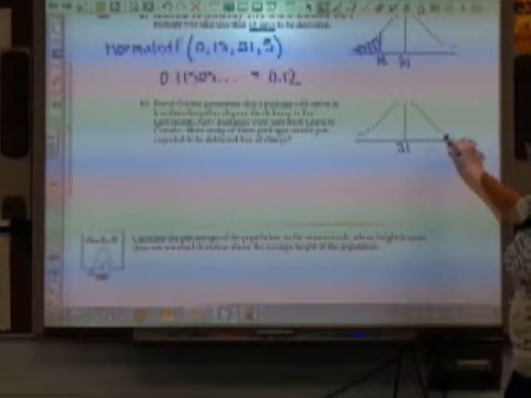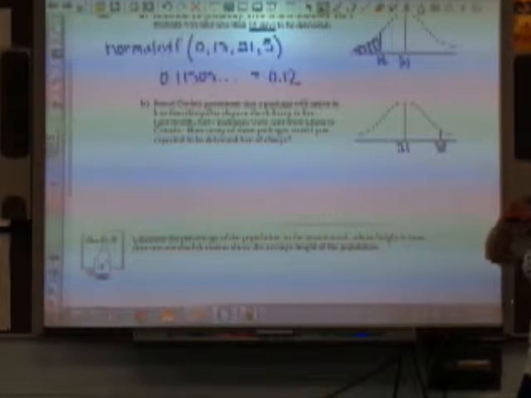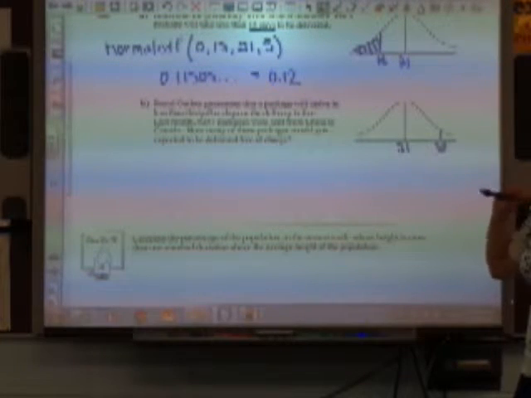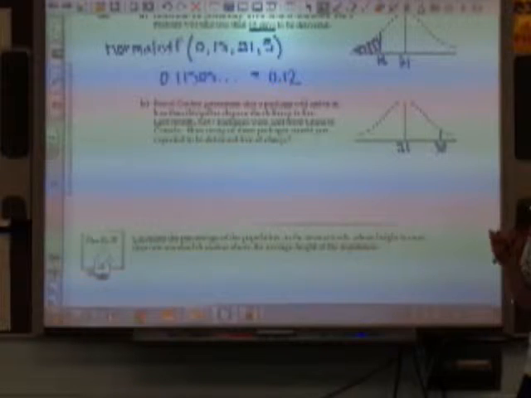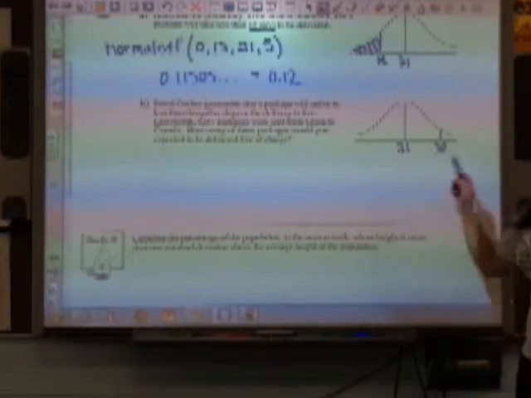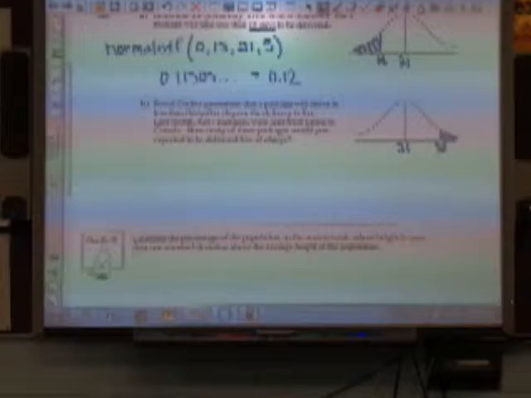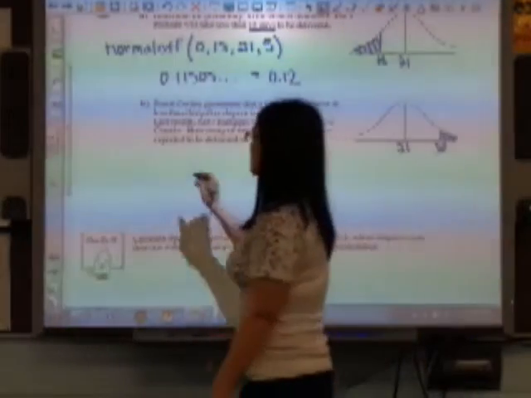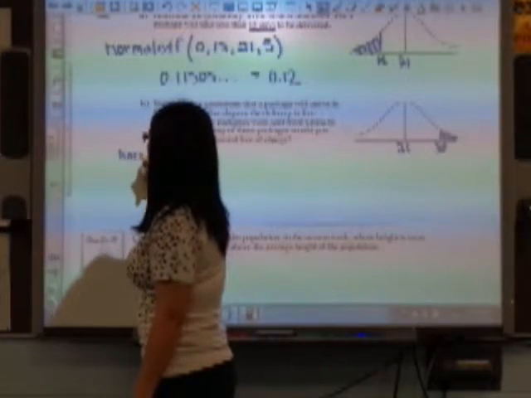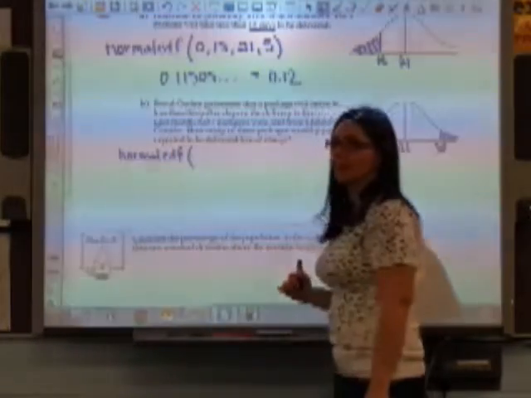I need a delivery in less than 35. If it is more than 35 days, it's going to be free. So do I want to shade the stuff less than 35 or more than 35? More. This is the part that I'm interested in. I want to know what probability is more than that. So my normal CDF, what would my lower boundary be this time?